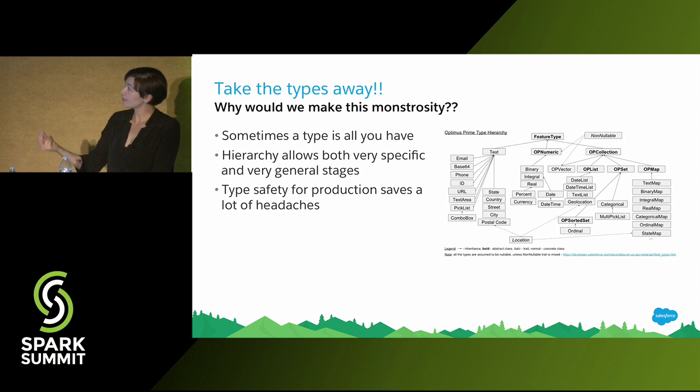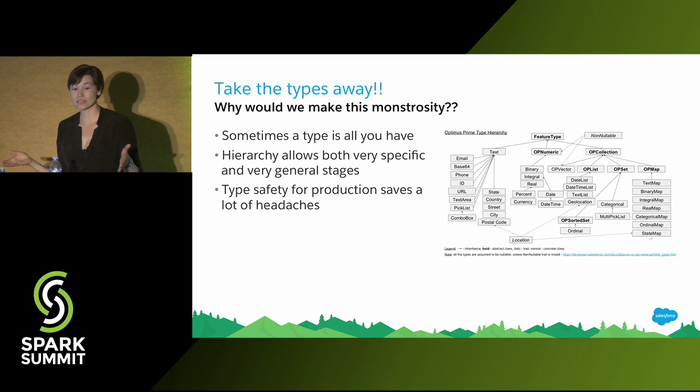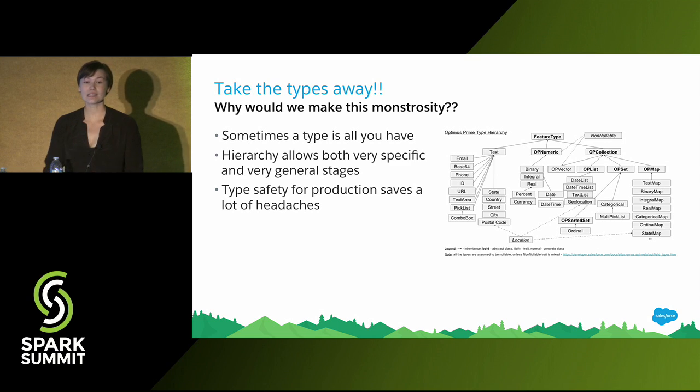And then again, by having all of this type safety, which matches the Salesforce types, we ensure that end-to-end, we have type checks on our data, right? So when you're going into production with hundreds of thousands of customers who can change things on you, making sure that the type the customer puts in is the same type you're expecting in your model is really, really useful.